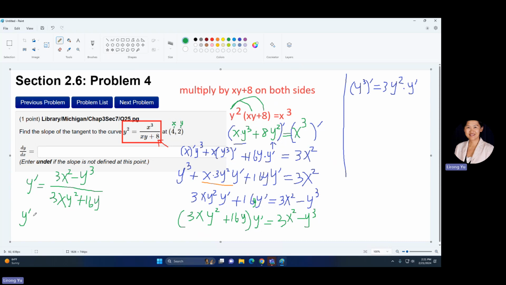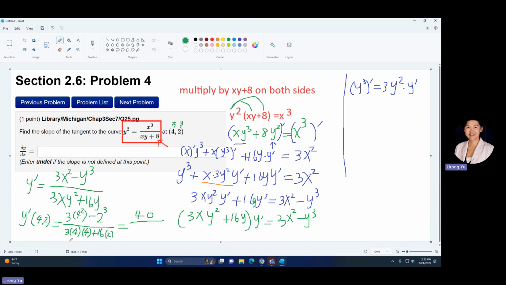So you calculate y prime at 4, 2, which equals 3 times 4 squared minus 2 cubed, divided by 3 times 4 times 2 squared, which is also 4, plus 16 times 2. 3 times 16 is 48. 48 minus 8 is 40.